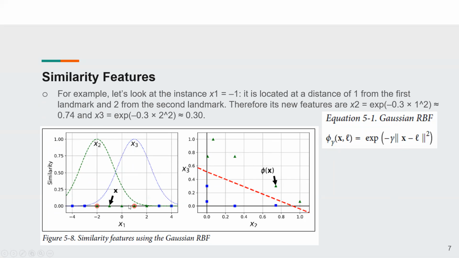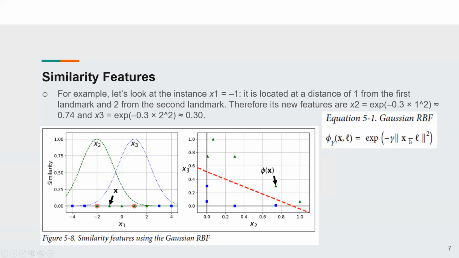And then if you want to generate a new feature, we can leverage something called Gaussian RBF, Gaussian radial basis function, which takes this function form: exponential of negative gamma times the distance between x and L, essentially the landmark. For this observation and the landmark, one distance is 1, the other is 2.